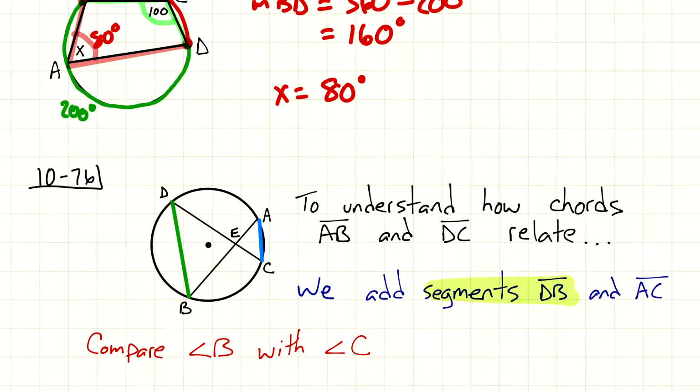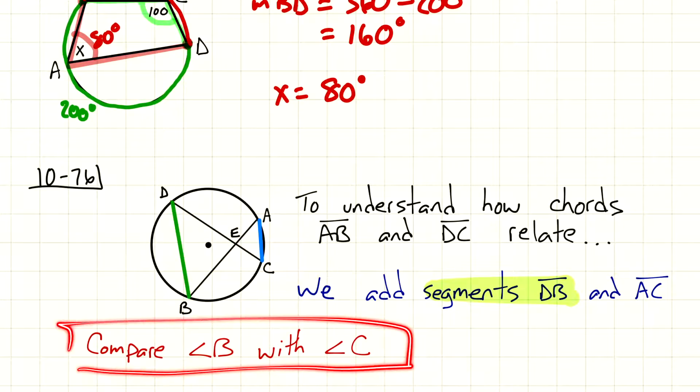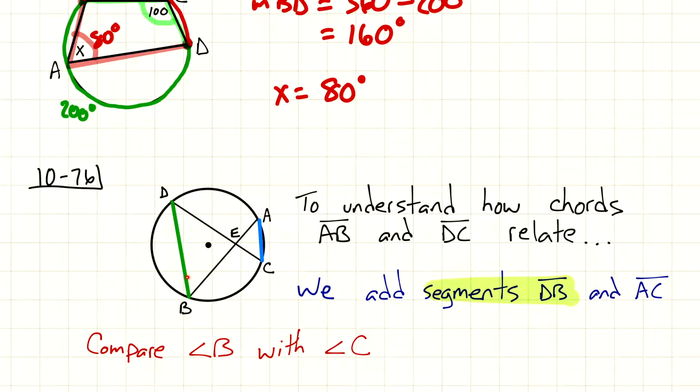Let's compare angle B with angle C. Angle B is this angle, and we're going to compare it to angle C. How are they related? If you look closely, you'll notice something about the arcs.